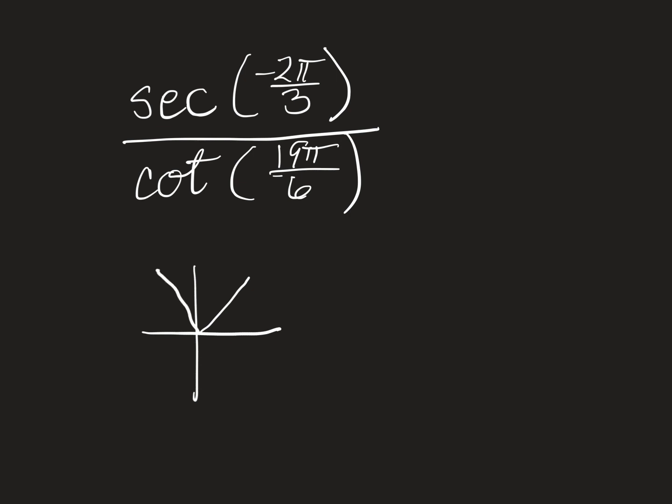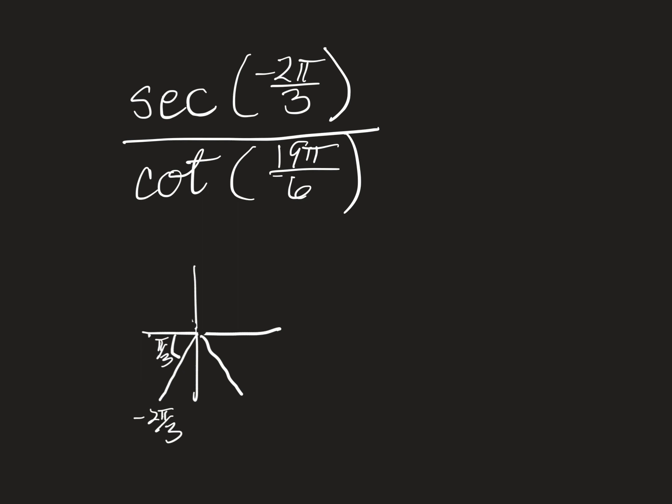So that means if I'm doing negative 2 pi over 3, I'm going to do it the opposite direction. So negative pi over 3, negative 2 pi over 3. So here's negative 2 pi over 3. So what's the reference angle? Pi over 3 is the reference angle, right? And so I want to find that value.